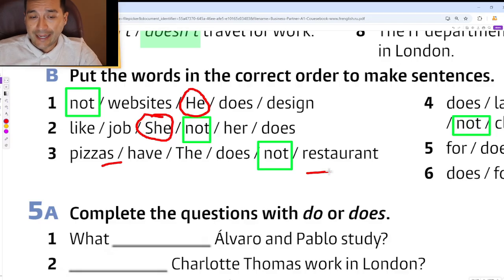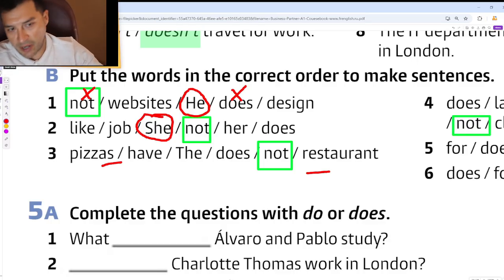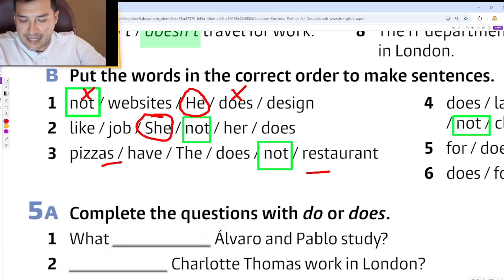Number 1, he. For he, we use does. Next part is deny the verb. Negative. So we have to deny. He does not design websites. Next is the verb. In this case, we have the verb design. Correct?